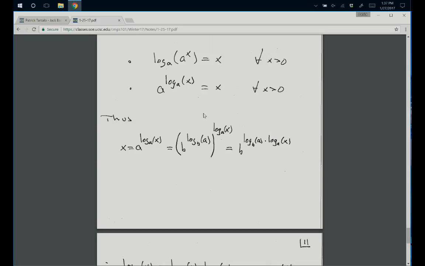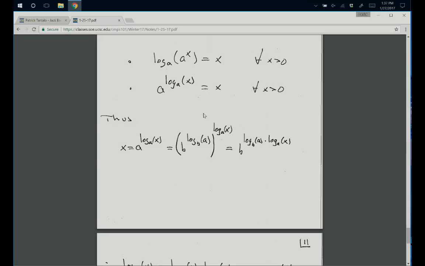That strips off the exponent base b here. Oh wait, I forgot one thing. Laws of exponents. I have a power to a power, so I can multiply this times this. So I get b to the power log base b of a times log base a of x. So if I take log base b of both sides of this equation, I get log base b of x equals log base b of a times log base a of x.